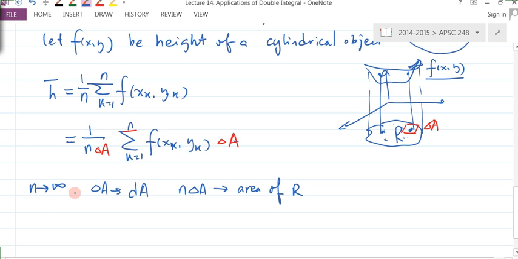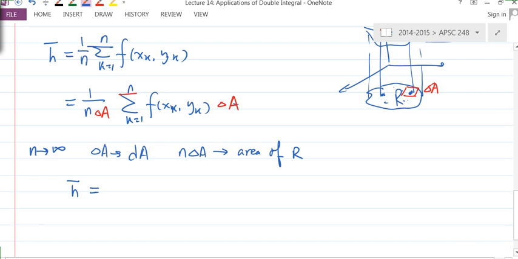And as n approaches infinity, what happens to the summation sign? The summation sign will turn into the integral, and this delta A becomes dA, that is dx dy. So this height now becomes 1 over the area, times the double integral over R of f of x, y dA. So that's what happens when n goes to infinity.